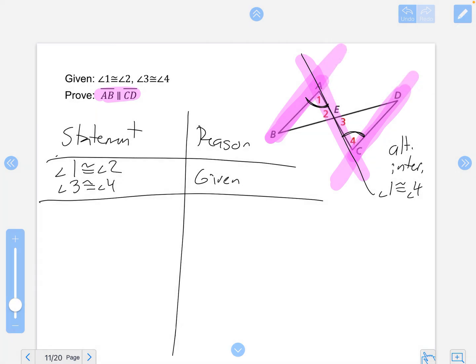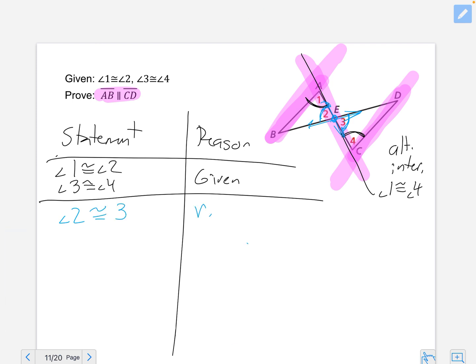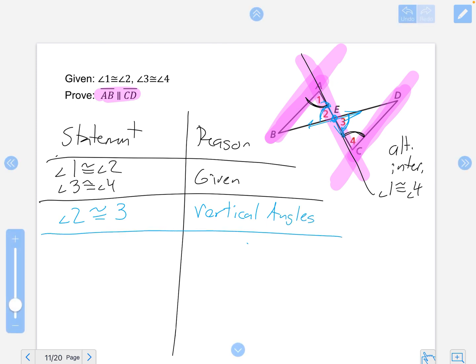In my diagram, I notice that 2 and 3 are going to be congruent because they are vertical angles. So angle 2 is congruent to angle 3, vertical angles. I need to get to 1 is congruent to 4.